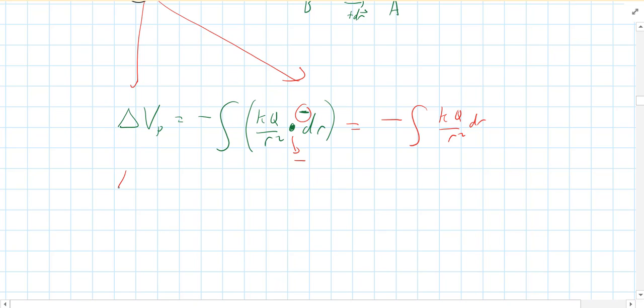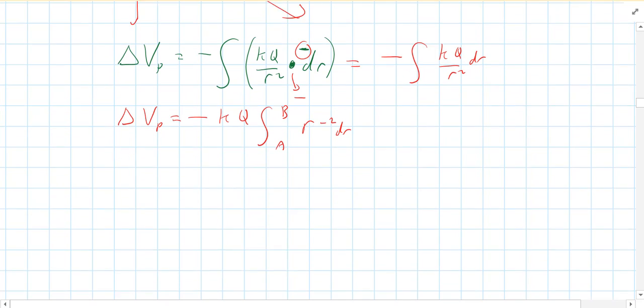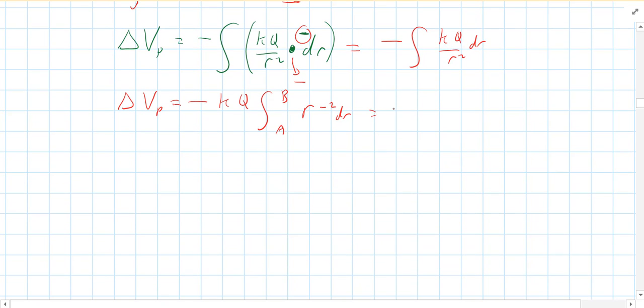Then we're going to pull out anything that's constant. So change in voltage is negative; k is constant, q is constant, and we're going to integrate from A to B dr over r squared, which is the same thing as r to the negative 2 dr. Now we're going to use our power rule. So you get negative kq, r, you add 1 to the exponent, so negative 1 divided by negative 1.